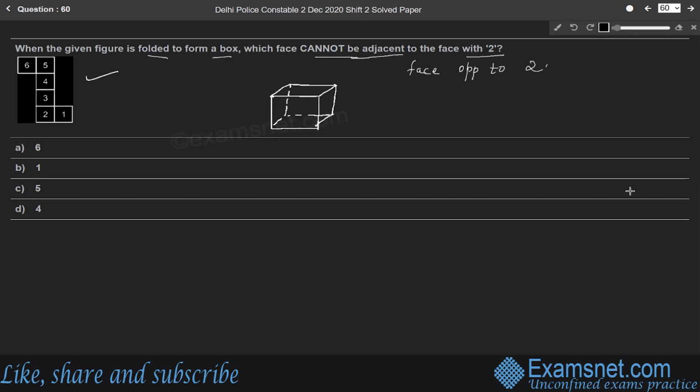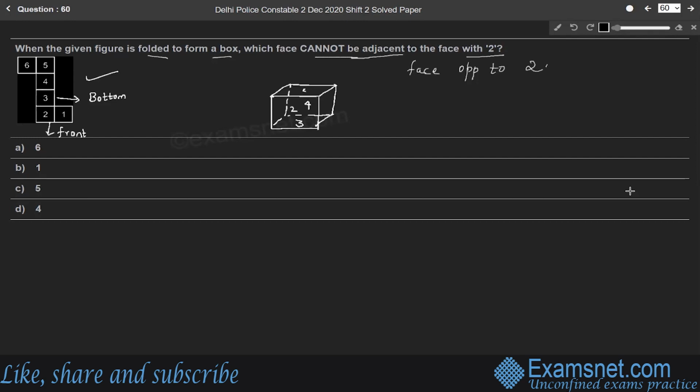So when it is folded, just imagine 3 as the bottom of the cube. If 3 is the bottom of the cube, so 3 becomes here. And 2 becomes the front face, right? 2 becomes front. And 4 becomes the hind face, right?